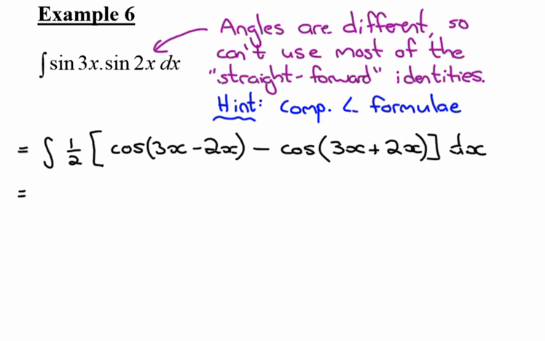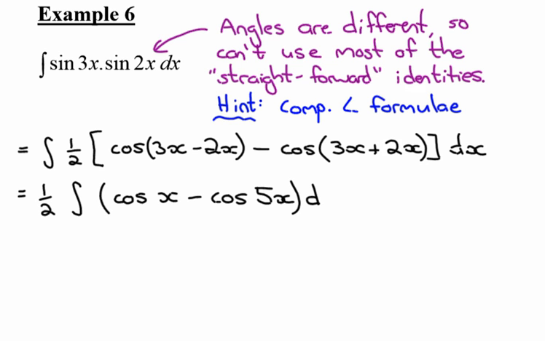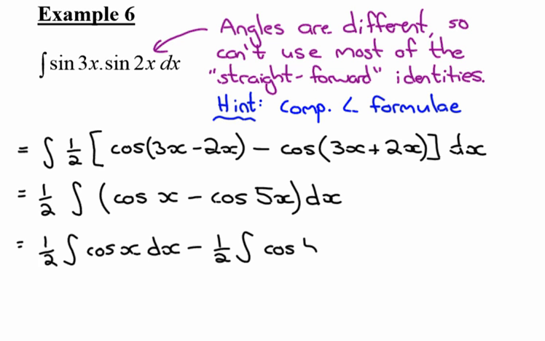Now I can simplify this, take out the half, and I'm integrating cos of 3x minus 2x is x, minus cos of 3x plus 2x is 5x, with respect to x. Please pay attention to your notation. These brackets need to be here because you're integrating the whole thing. The dx needs to be there. Now we can split this integral up, so it's half, and I'm integrating cos x with respect to x, distribute that half in, and I'm integrating cos 5x with respect to x.